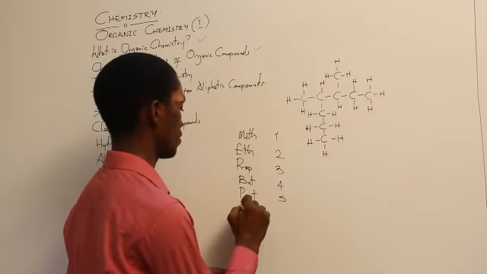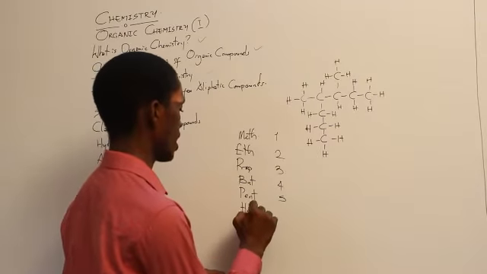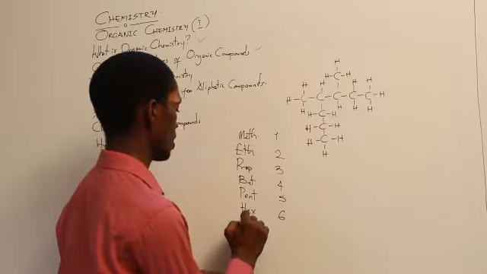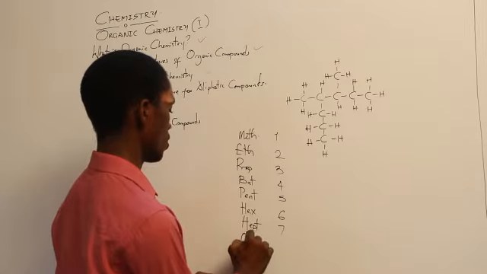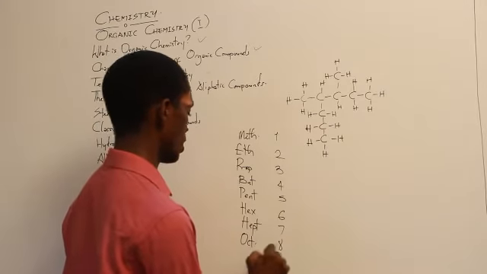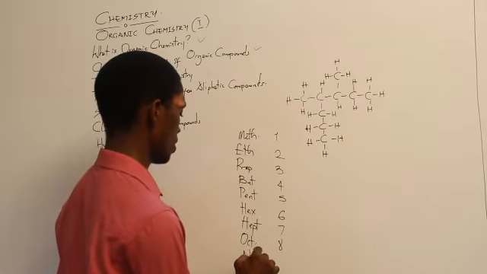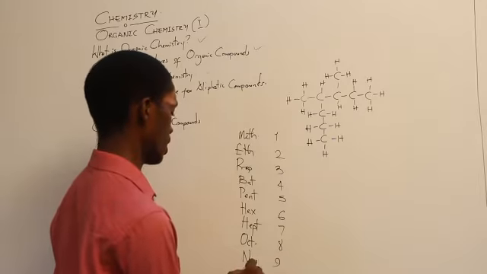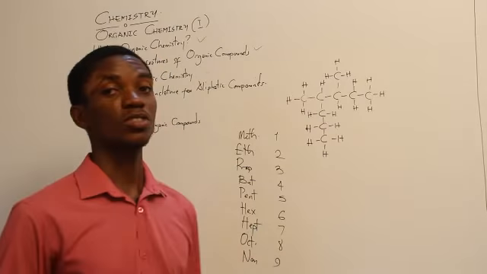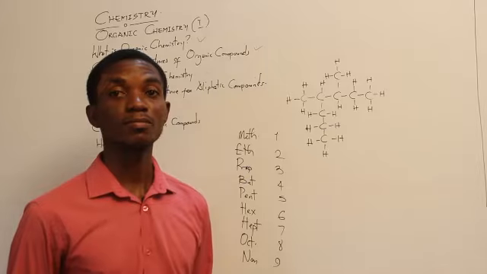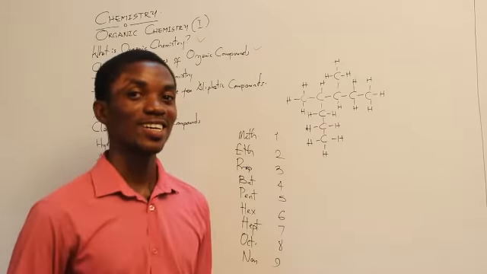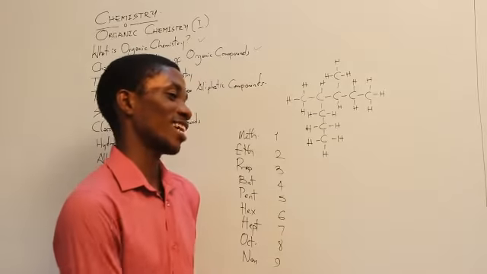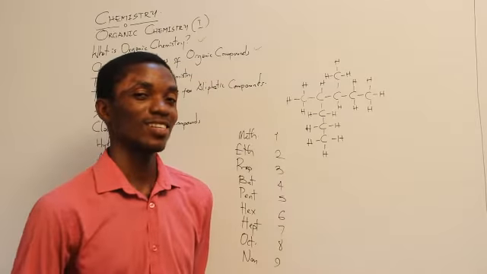For 6, hex. For 7, hept. 8, oct. 9, non, and the rest continue something like that. Yeah, we have dec. We have more than dec. Because I cannot write everything, let's just take it like that.